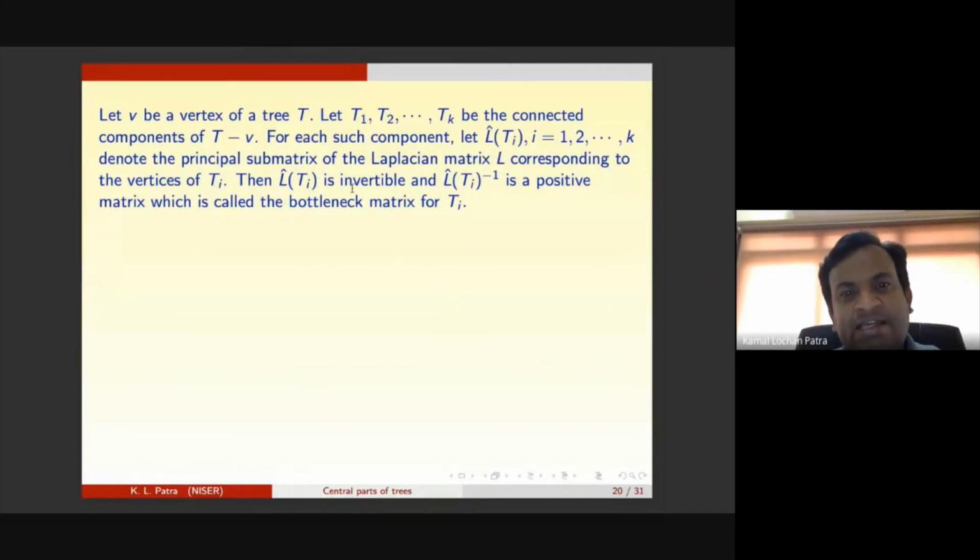L hat Ti is invertible, which can be proved by tweaking Perron-Frobenius theory and using M-matrix ideas, and its inverse is a positive matrix, which is called the bottleneck matrix of Ti. So for every vertex, if you delete that vertex, there are some components associated with it. You consider the principal submatrices associated with those and take the inverse. The inverses are called bottleneck matrices.